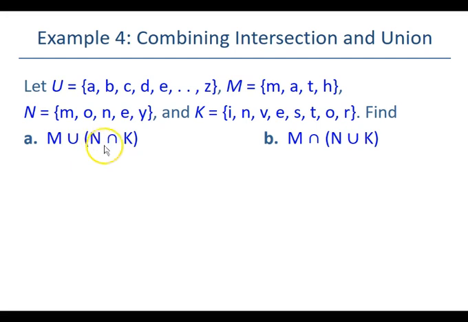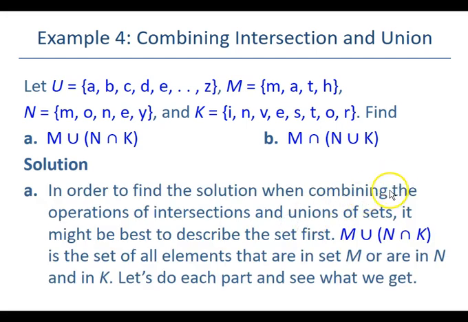Now, once you determine what that set is, you just bring it to union with set M, the letters in the word math. Now, I could write this out, but they do a nice job here, so let's just follow.